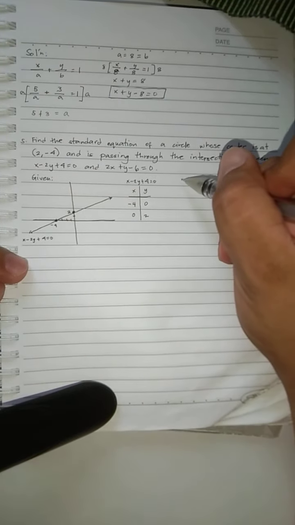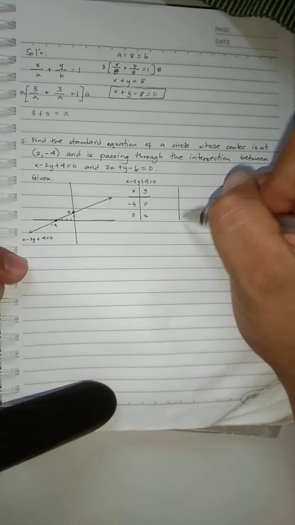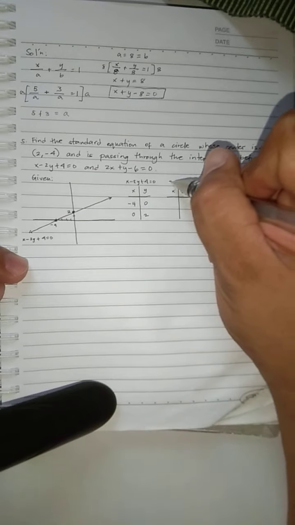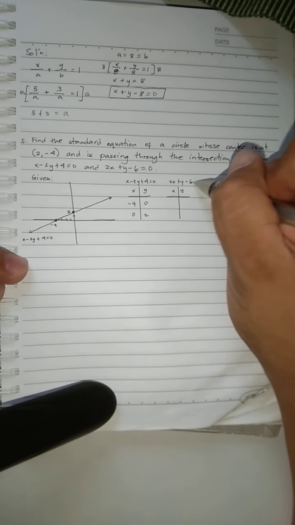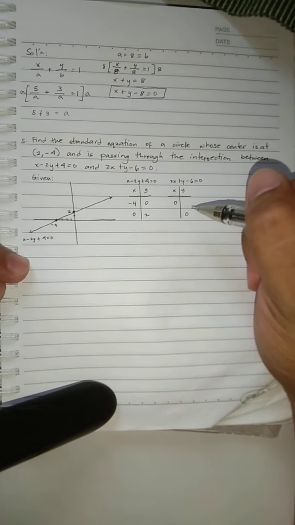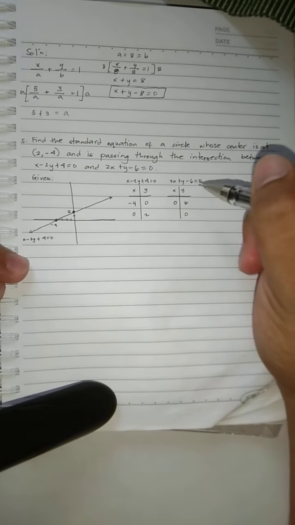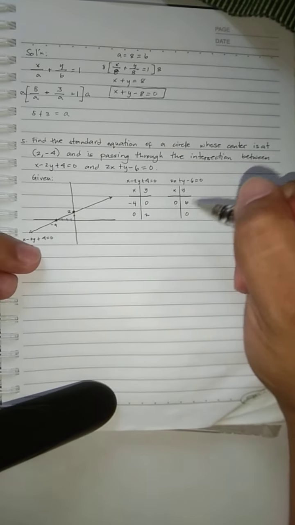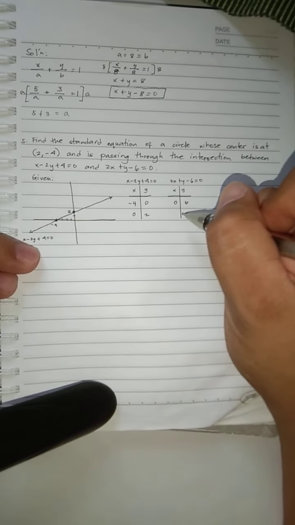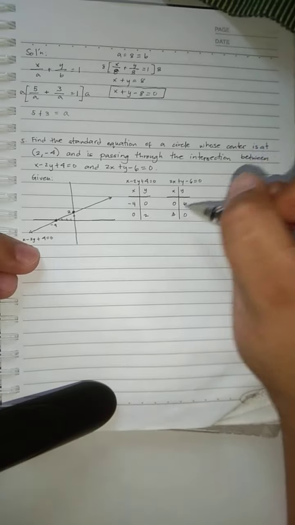Okay, next, second line. So you have 2x plus y minus 6 equals 0. Again, let's set x equals 0, so y equals 6, and then when y equals 0, x is 6 divided by 2, that's 3.